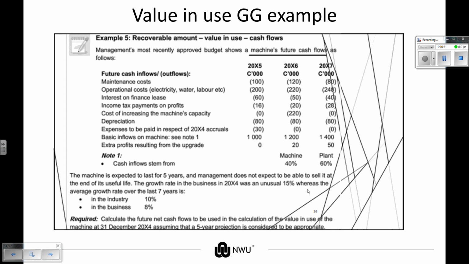Can you see it was an unusual growth rate? It seems unusual given the company's average growth rate was only 8% over the last 7 years. The industry average of 10% is also greater than the business average of 8%. So we are going to be prudent. Therefore, we will only use 8% when we increase our net cash inflow from 2007 to get 2008 and 2009.